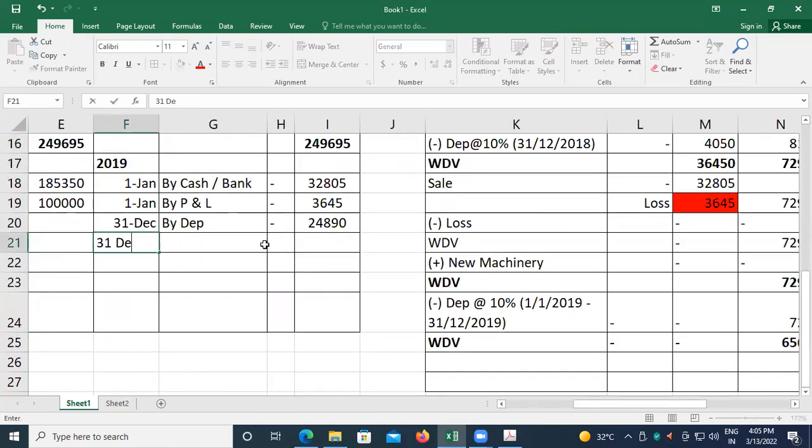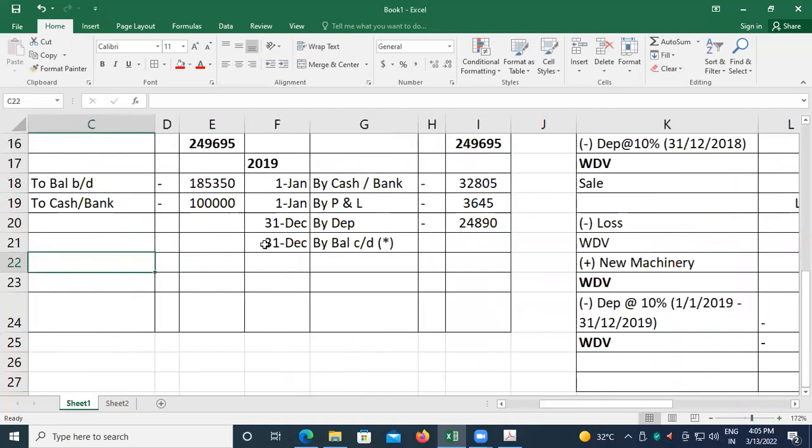So 31st December by balance carried down. But before that we will take the total. What is the total of this? That is 1 lakh plus 1,85,350 is 2,85,350. Here also 2,85,350.